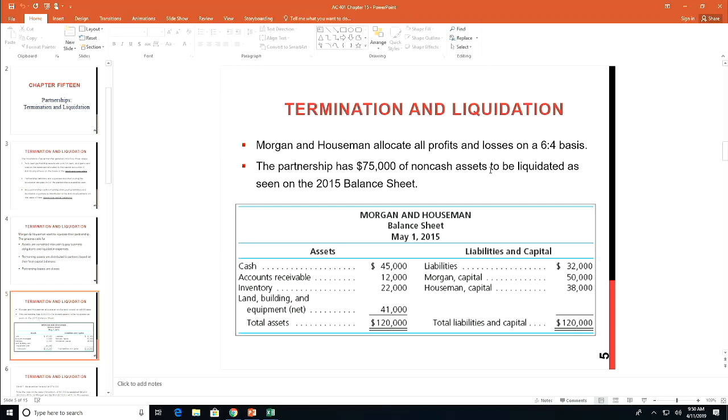Cash is 45. So the rest are non-cash: accounts receivable, inventory, land, building, equipment. These are non-cash assets, total. Now we will convert them into cash. We will try to sell them. For accounts receivable, we will try to collect them. Right. So let's do the steps.